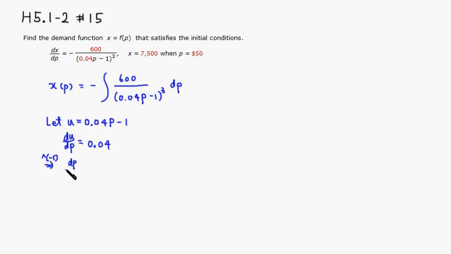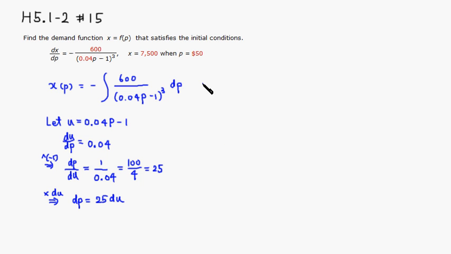So dp over du is equal to 1 over 0.04. This is the same thing as multiplying top and bottom by 100, giving 100 over 4, which is 25. So dp is really 25 du.